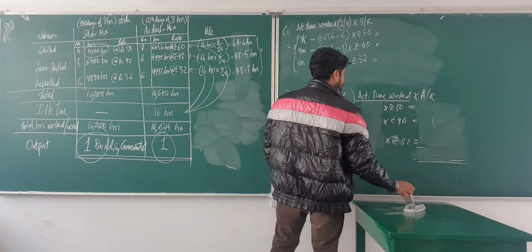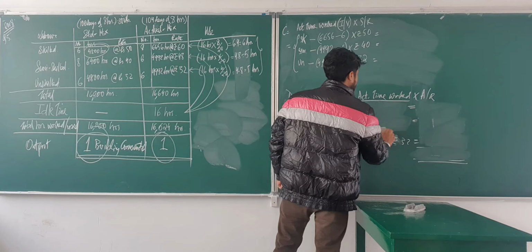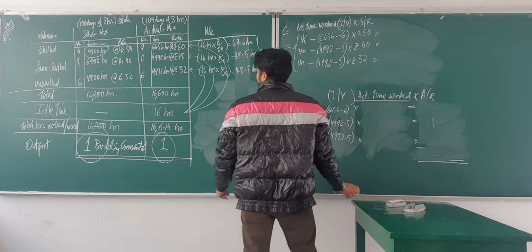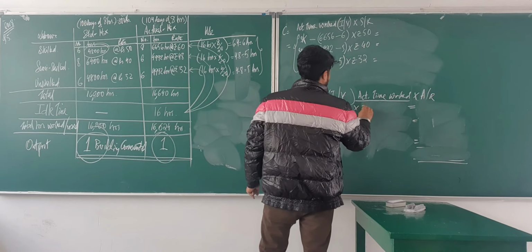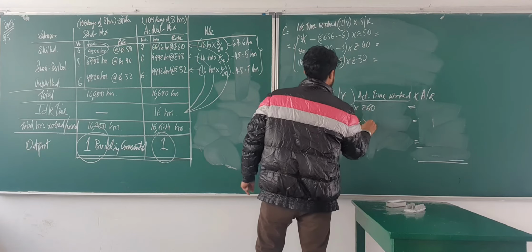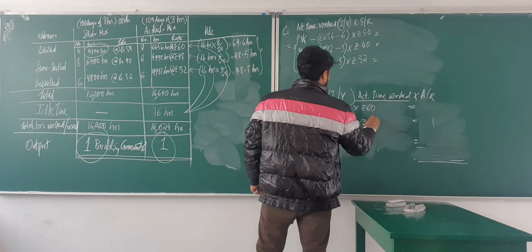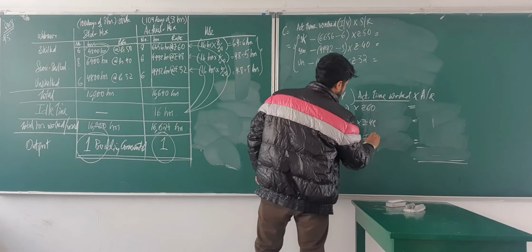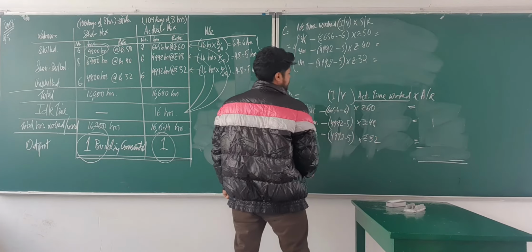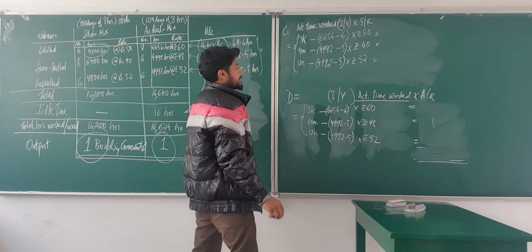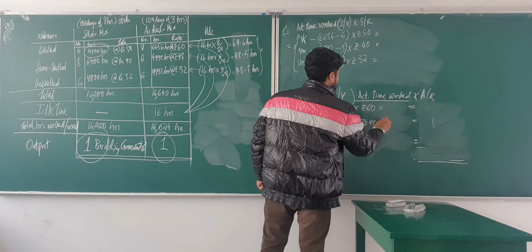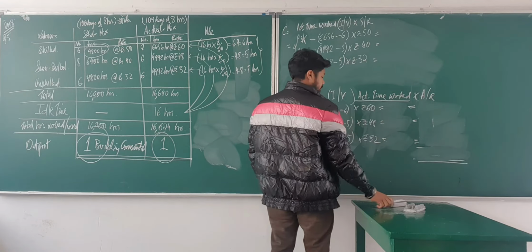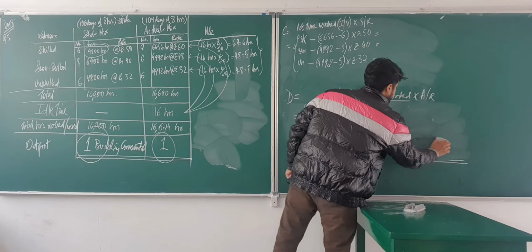Into not standard rate but actual rate. Actual rate is given to you: rupees 60, rupees 48, rupees 32. Okay? Calculate these values, find out the total.